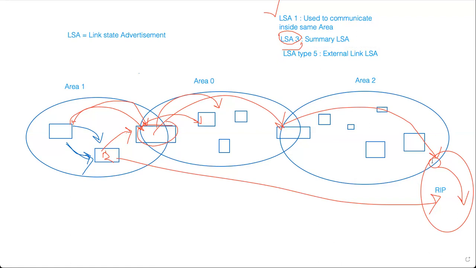Okay, so what is this router called, guys? What is the router that is connecting two areas called? Area border router. Yeah, that is correct. Now, what is this router called? This is called ASBR, which is called Autonomous System Border Router.